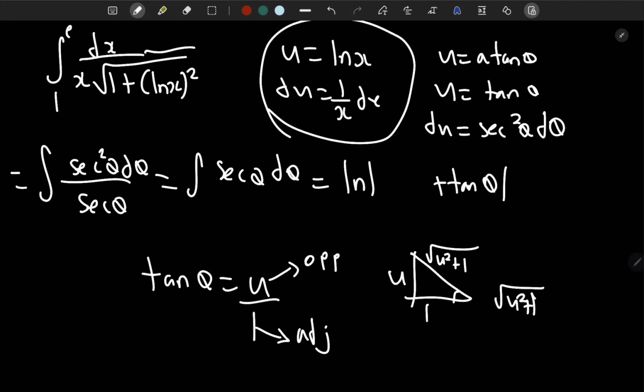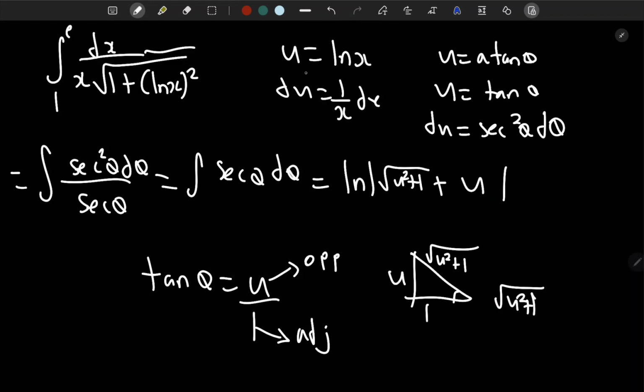So this part is going to be replaced with radical u squared plus 1, and tan we know it already, it's just u over 1, which is just u. And now the final step left is to substitute back what we substituted for u, which is ln x. So replace all the u with ln x.